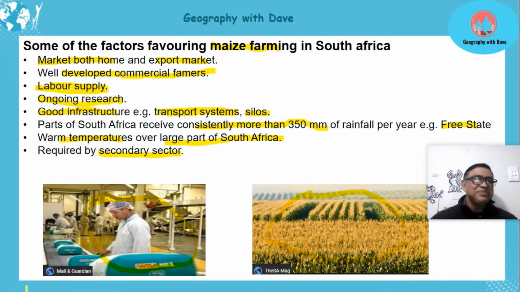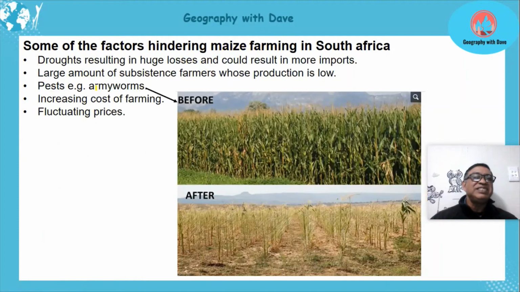Then we go to factors hindering. Once again, droughts, huge losses could result in more imports during those drought periods. And we have a large amount of subsistence farmers whose production is low. You've done that in bee farming, and you know less is produced.